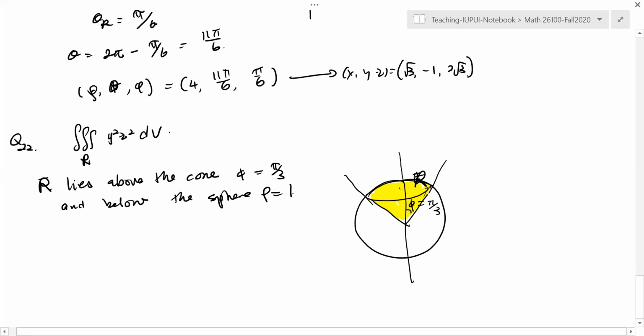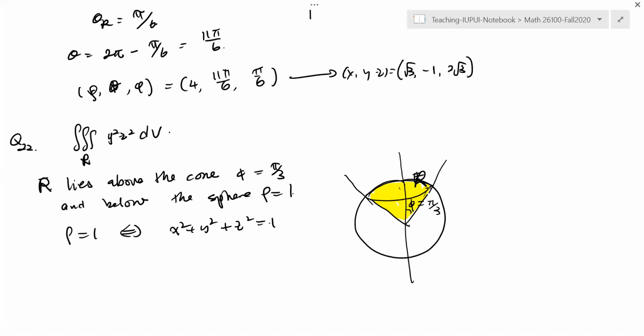So rho equals 1 can be described as x squared plus y squared plus z squared equals 1. Now, how can I describe phi? This is a cone, so phi is fixed.